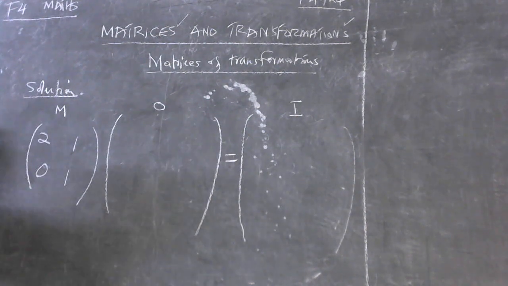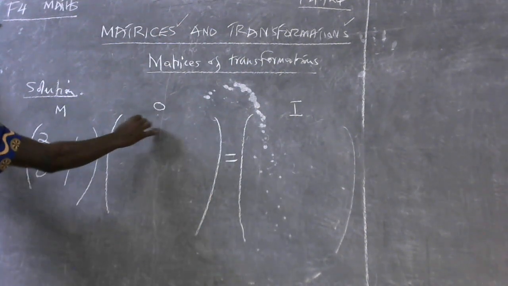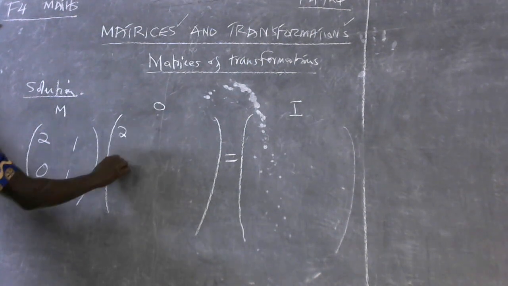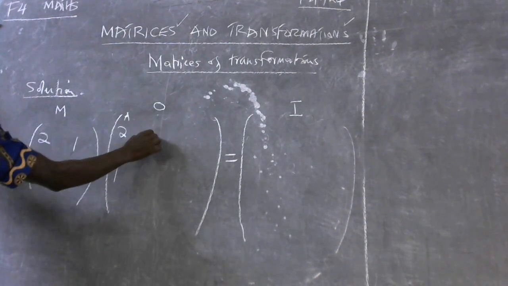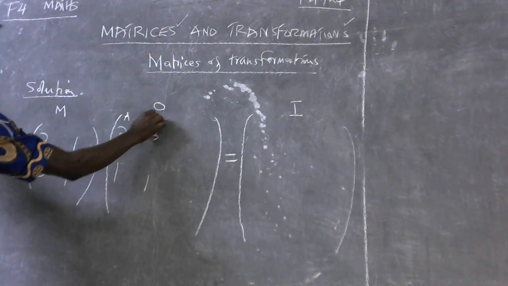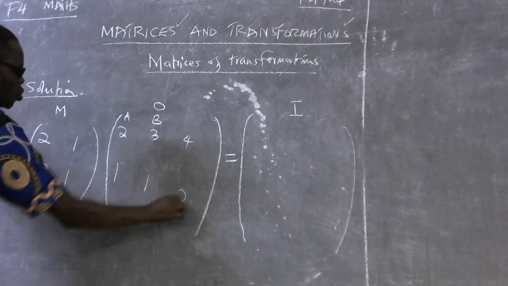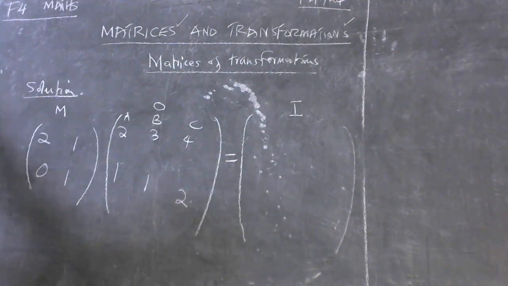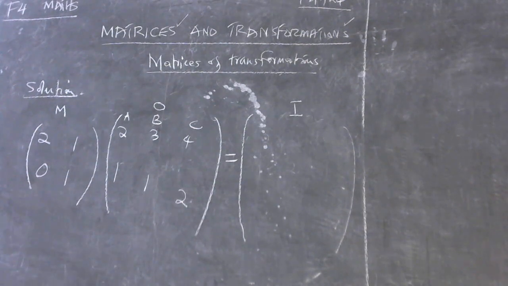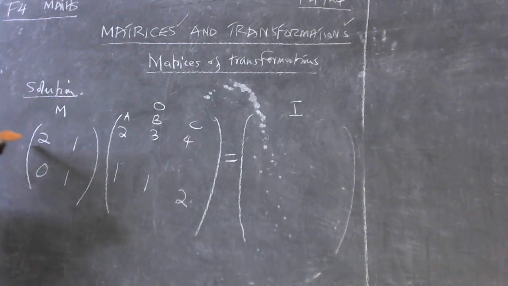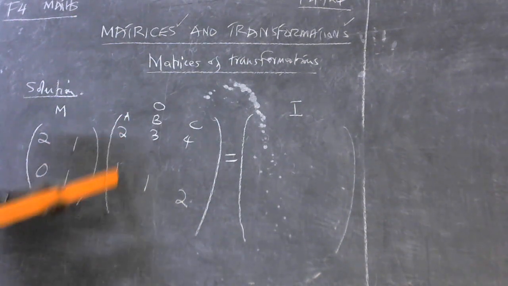So let us find out the coordinates of the object. 2, 1 for the A. 3, 1 for the B. 4, 2 for the C. Good. So we can find the coordinates of the image. The order of a matrix is usually multiplied in this order and this order. That is Form 3.